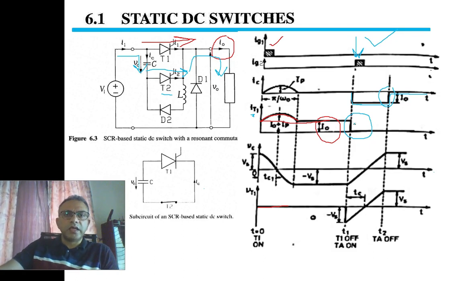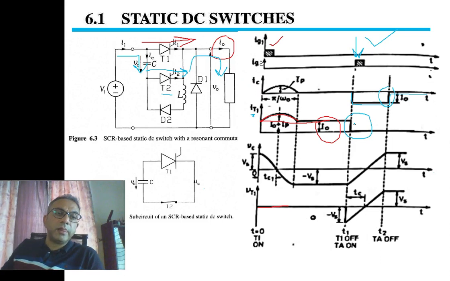So this complex network consisting of capacitor C, thyristor T2, and inductor L is one reason why SCRs are not preferred once IGBTs or MOSFETs or BJTs are available, because it is tedious and difficult to turn off the SCR.